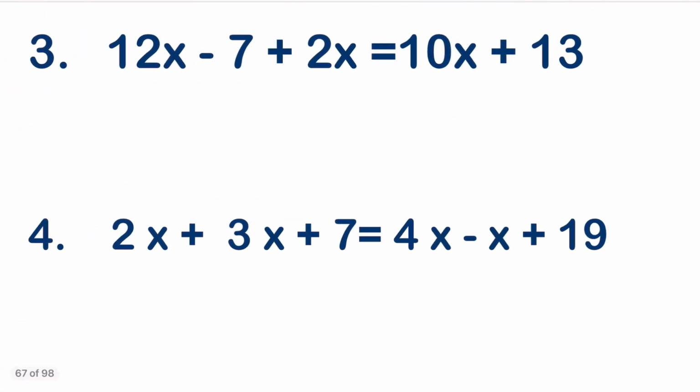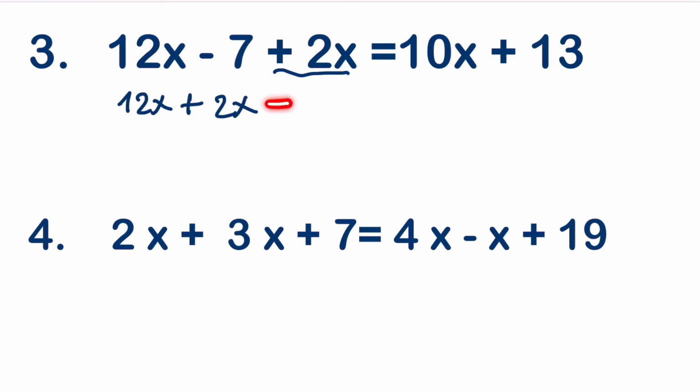Let's move to the next question. Still for the next question, we want to make sure that we bring like terms together. So these are our like terms, 12x and plus 2x. So 12x, don't forget we have plus 2x. They are like terms.